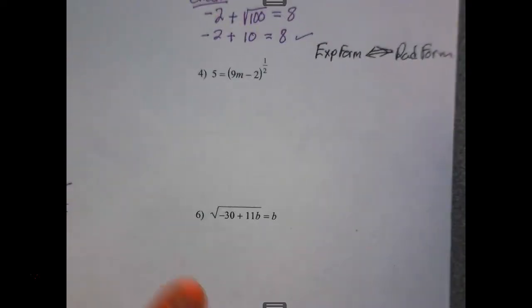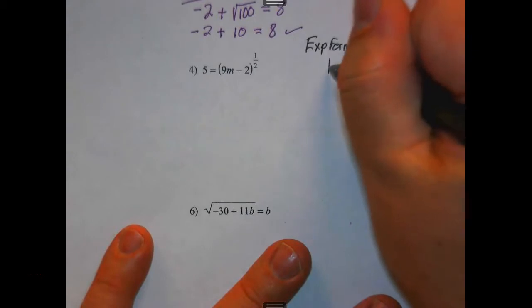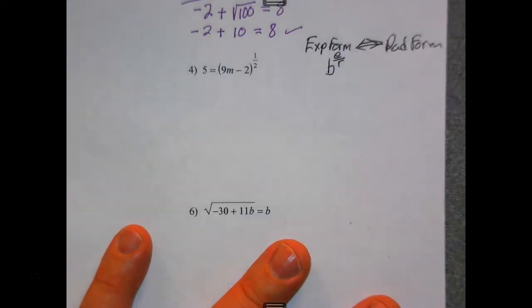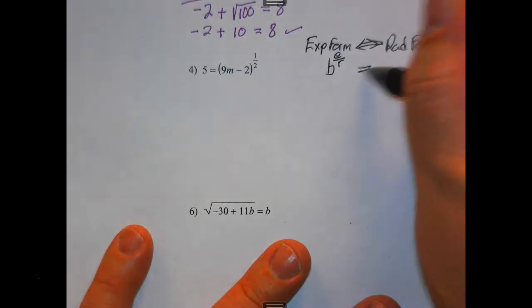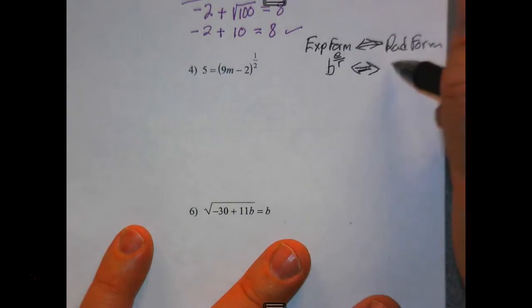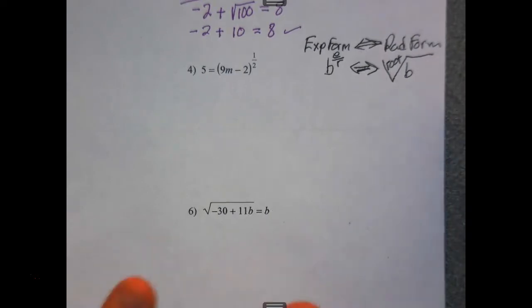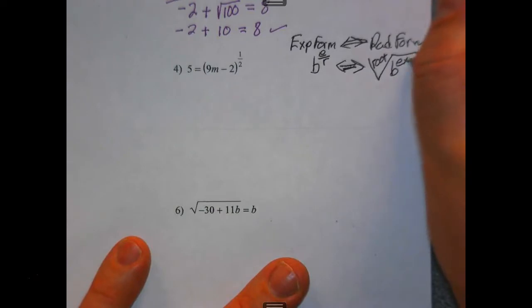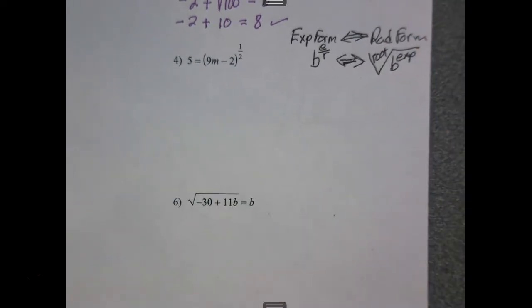Okay, exponent form was I had the base raised to the exponent divided by the root, and that became the root to the base. Thank God, because you guys didn't do too well on the quiz. And the exponent was up here. Radical form to exponent form and vice versa.